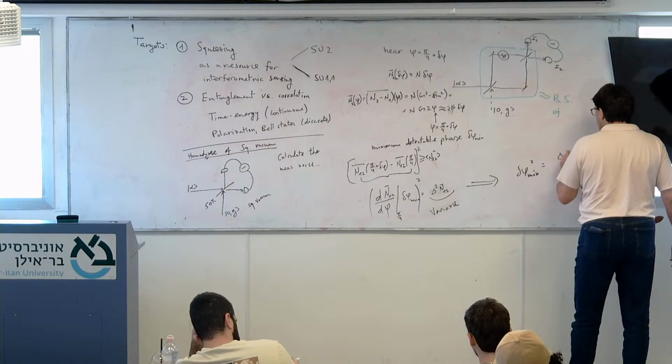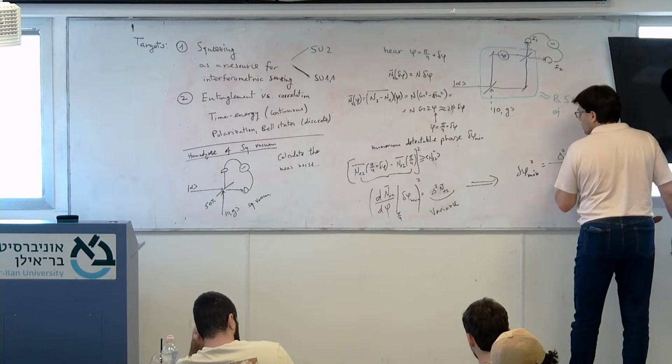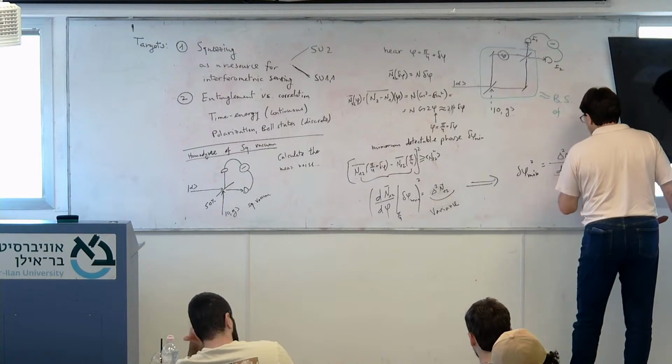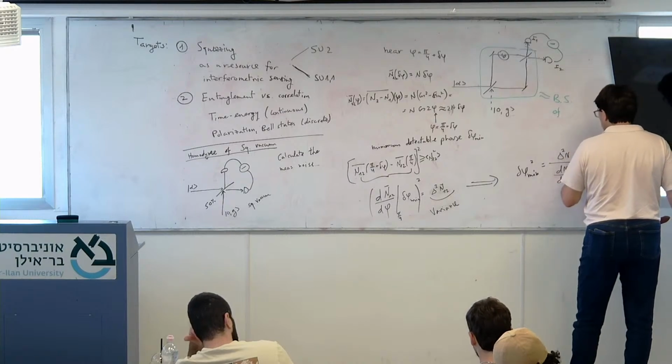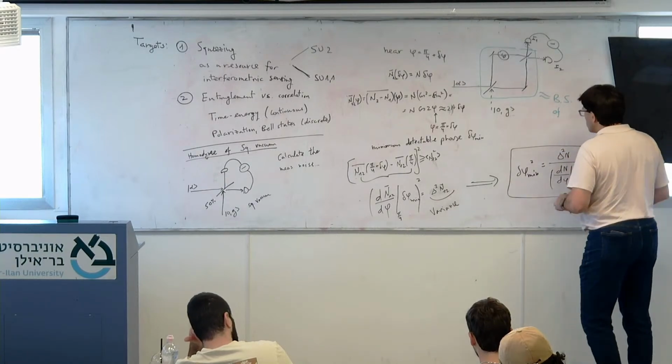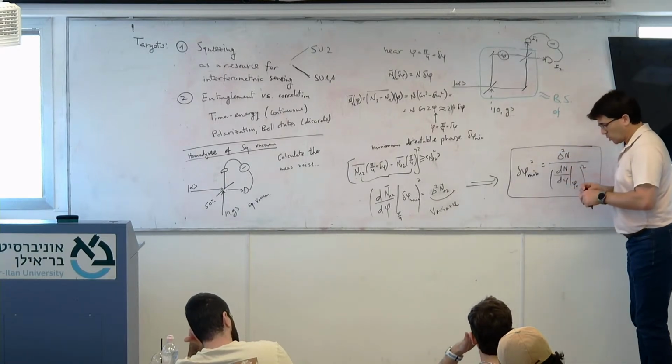delta n squared divided by dn d phi at phi 0, and this is also squared. What does that say? This is most general.